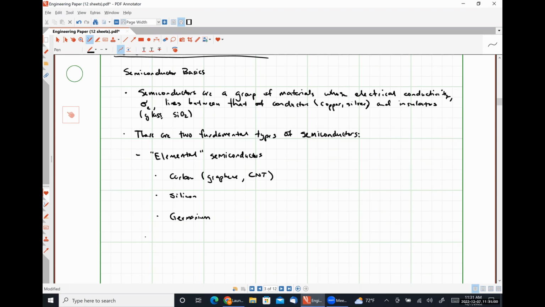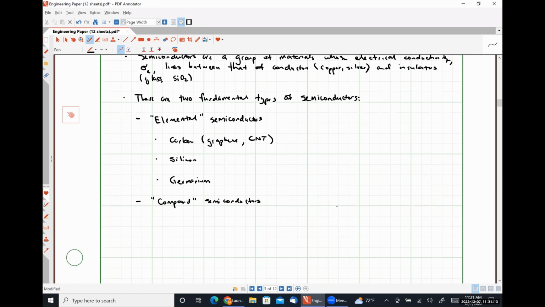And then we have compound semiconductors. And there are a ton of different compound semiconductors. Effectively, a compound semiconductor is just one that's made of more than one element. So you could have group 4.